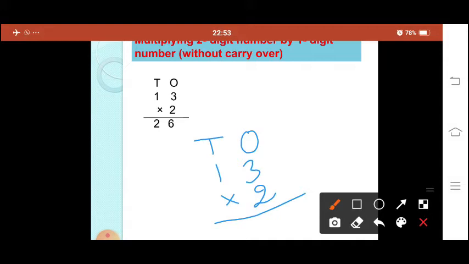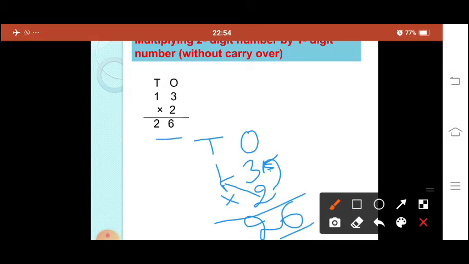First we will multiply the unit place. 3 twos are 6, we will write that in the unit place. Then we will multiply this 2 with the number placed in tens. 2 ones are 2. So what is our answer? 26.